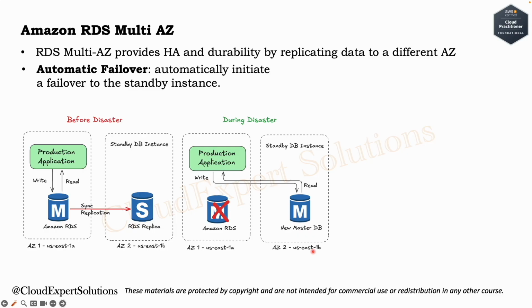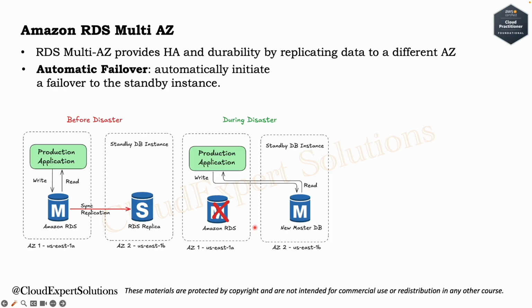Then the standby instance in us-east-1b will be promoted to become the new primary, and then the CNAME or canonical name record of the database endpoint is flipped to point to the IP address of the new primary, which was our previous standby. This process typically takes a short period during which the application will see some latency. However, the entire process will be completed without any manual intervention.